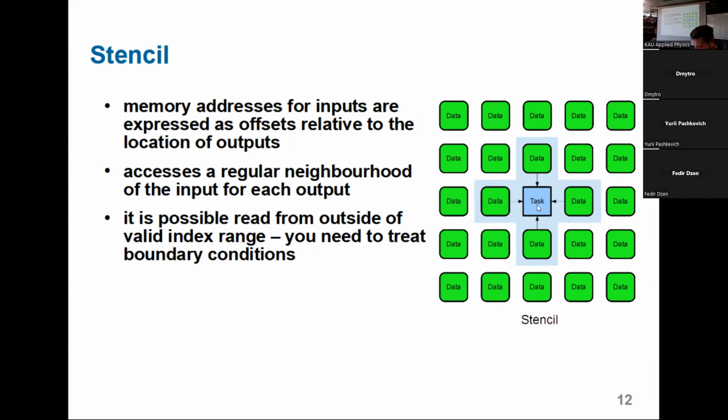So what I need to know is I'm modifying, or solving for, the middle blue cell, and I need to read from just those green cells around me, and this shape defines what's called a stencil. So a stencil is a shape that tells me, if I'm looking at a certain position and need to find a solution for it, which of the neighboring cells I need to take into account.